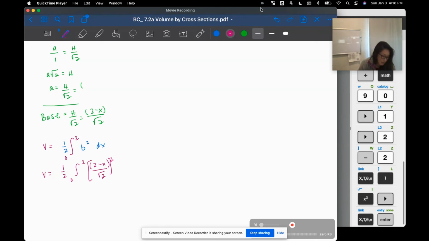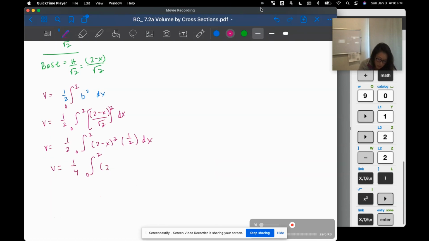So I'll just put the square on the outside, dx. So the volume is equal to 1/2 times the integral from 0 to 2 of (2 minus x) squared times 1/2 dx. So I get the volume is equal to 1/4 times the integral from 0 to 2 of (2 minus x) squared dx. Again, I used my handy dandy calculator and I got 0.6 bar, which I know is equal to 2/3.